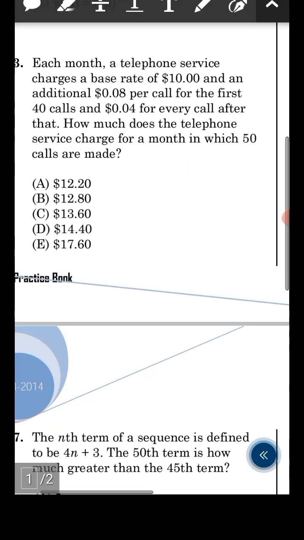Each month a telephone service charges a base rate of $10 and an additional $0.08 per call for the first 40 calls and $0.04 for every call after that. How much does the telephone service charge for a month in which 50 calls are made?